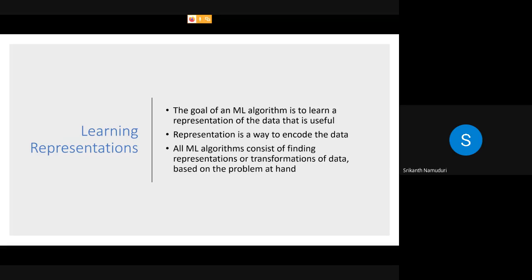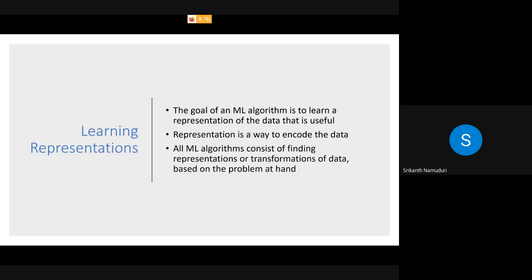And in this context, what is the underlying goal for this machine learning algorithm? It is to learn a certain way of representing the data. For example, as simple as in regression, you're trying to represent the data using a straight line or a polynomial, and you're trying to learn the coefficients that represent the straight line or the polynomial. And when we say learning representations, it's a way to encode the data.